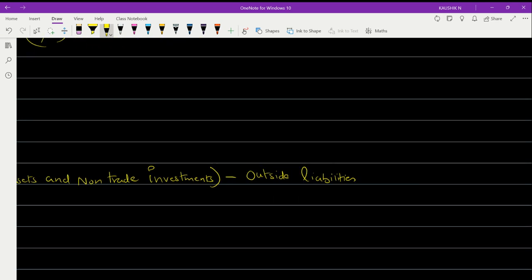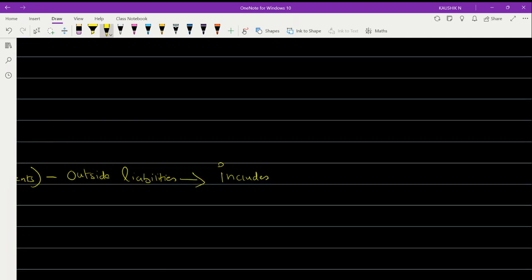Now, when I talk about outside liabilities, what does it include? It includes the amount of creditors or else sundry creditors.